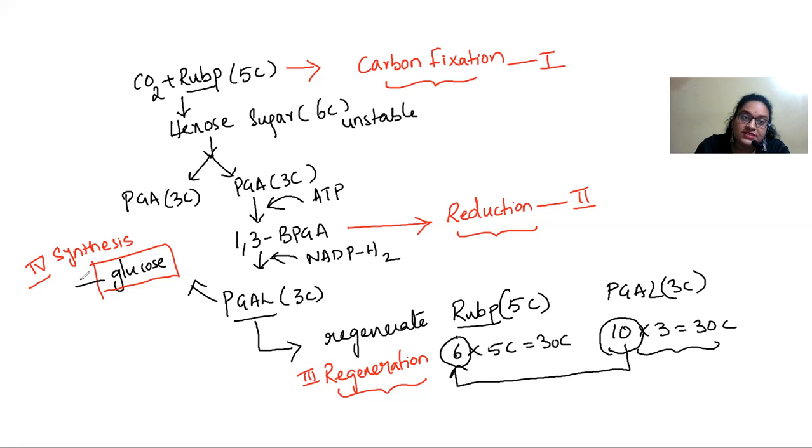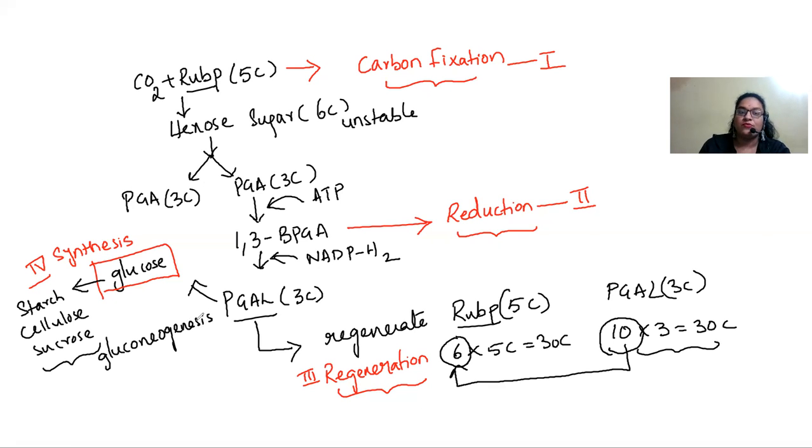And these glucoses can again form other forms of carbohydrates like starch, and they can even form celluloses, and they can even form sucroses, which we can see in the process called gluconeogenesis, where glucose is utilized in the formation of other sugar molecules.